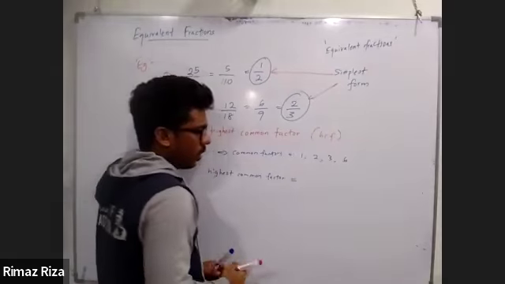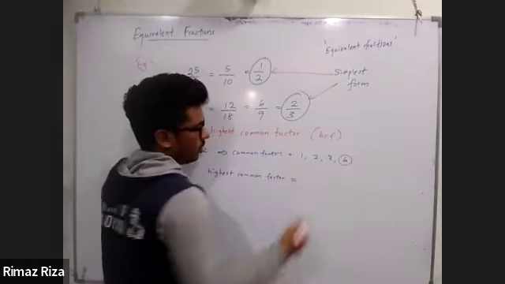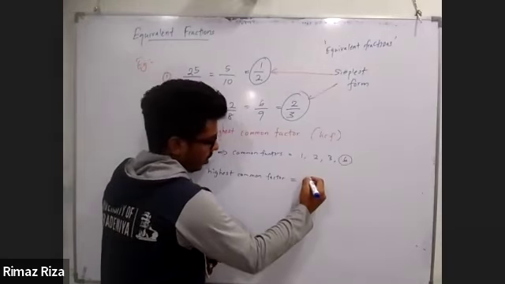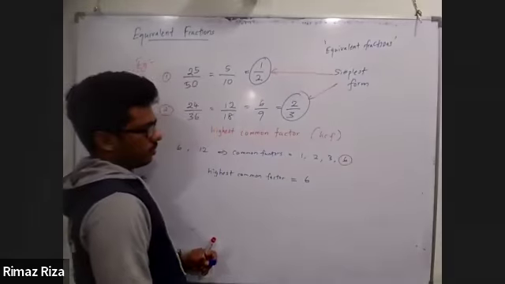Out of 1, 2, 3, 6, the highest value is 6. So you write here: highest common factor is 6.